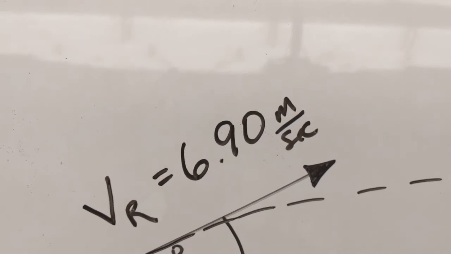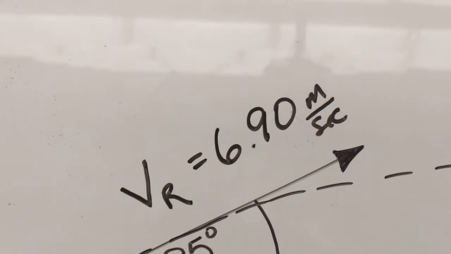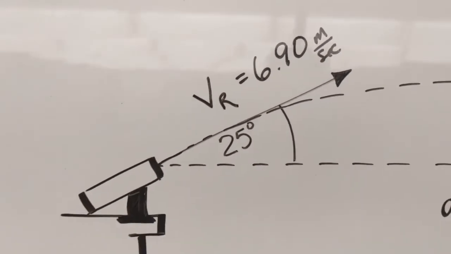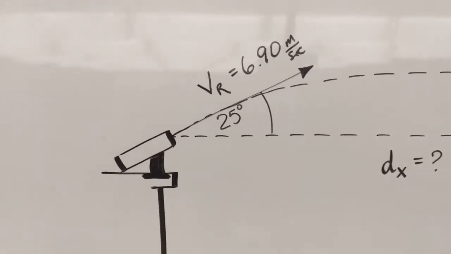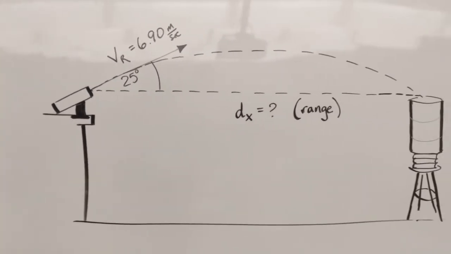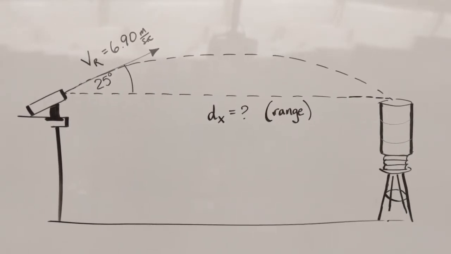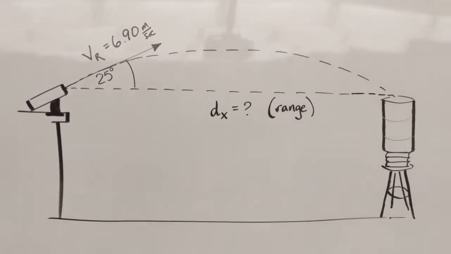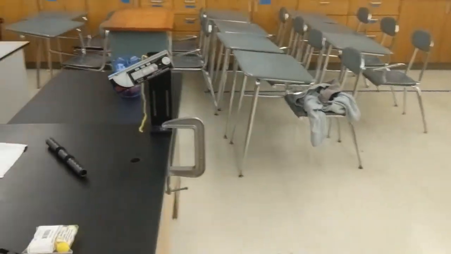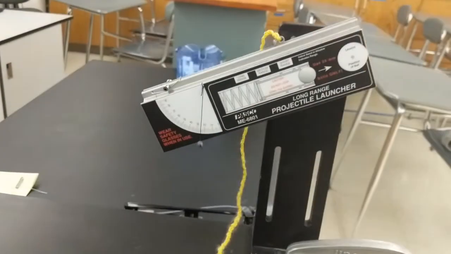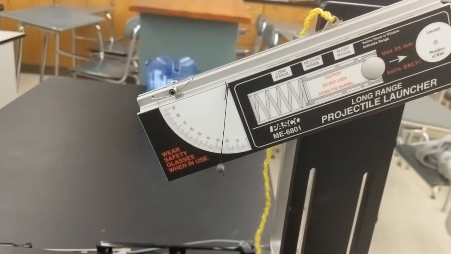Now we know that our cannon launches at 6.90 meters per second. And the question is, if we launch it not horizontally but at a 25-degree angle, how far away will we have to put a target at the same height as the launch height so that the ball will land exactly at the target? Here's our cannon, set to 25 degrees.